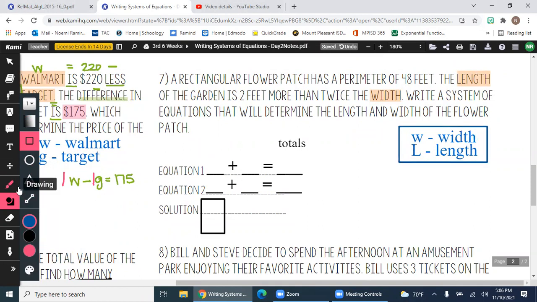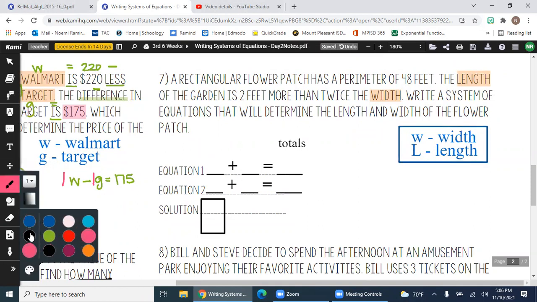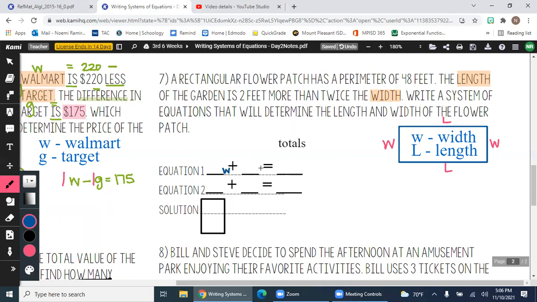There are 2 widths, 2 lengths. That's so hard to say in the same sentence. So width, width, length, length. I'm going to put my variables in there, W L, W L. So this will be my width, and this will be my length.